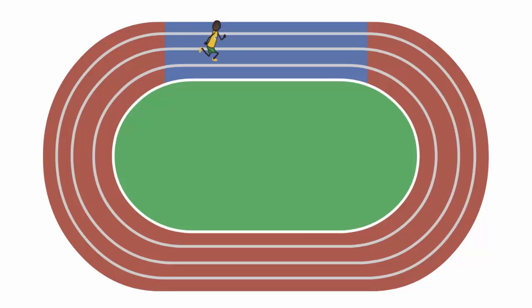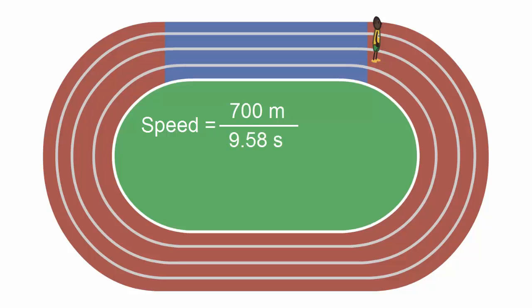Now imagine that instead of a straight 100-meter track, he runs a loop that is 600 meters long and ends at 100 meters ahead of where he started. So he runs a total distance of 700 meters in 9.58 seconds, which is very fast, as we will see why. So for speed, because he has covered 700 meters in 9.58 seconds, his speed is 73.1 meters per second, which is much faster than the 10.4 meters per second previously.